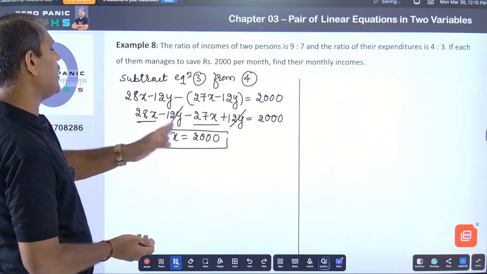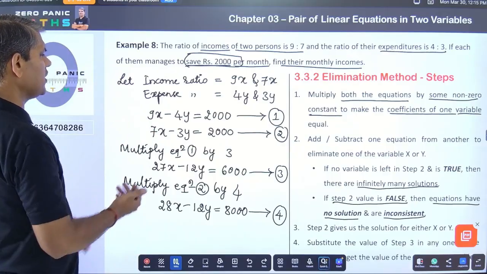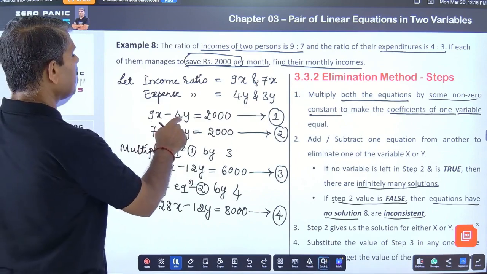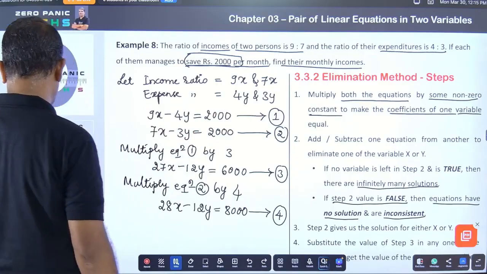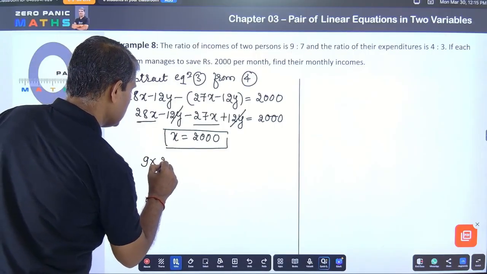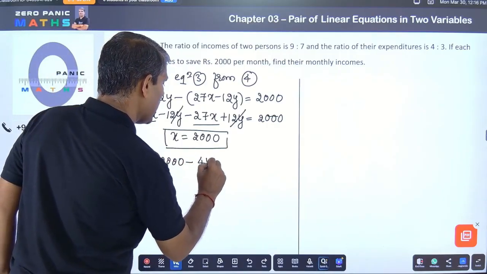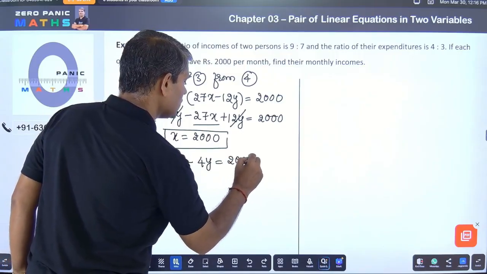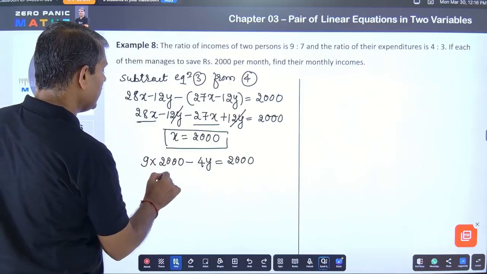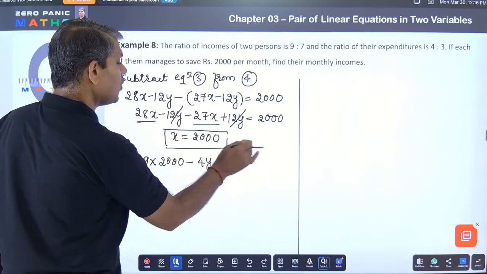Now substitute this value of x in any of the given equations. So let us substitute that in equation 1 only. What is equation 1? 9x minus 4y is equal to 2000, right? So what is 9x? 9 into 2000 is 18,000. 18,000 minus, I will take 2000 to this side, minus 4y to that side.